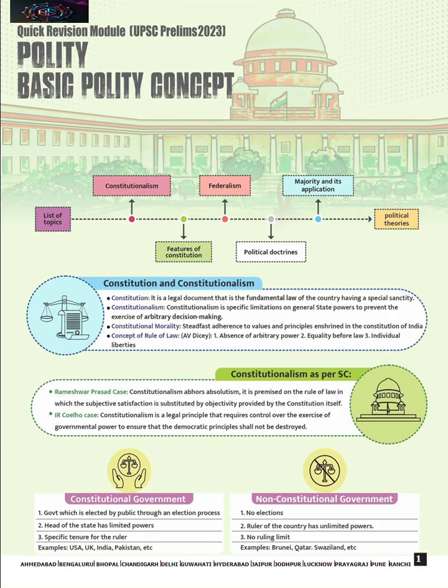In non-constitutional government, the ruler of the country has unlimited powers. Constitutional government has a specific tenure for the ruler. Non-constitutional government has no ruling limit. Constitutional government countries are USA, UK, India, Pakistan, etc. Non-constitutional government countries are Brunei, Qatar, Switzerland, etc.